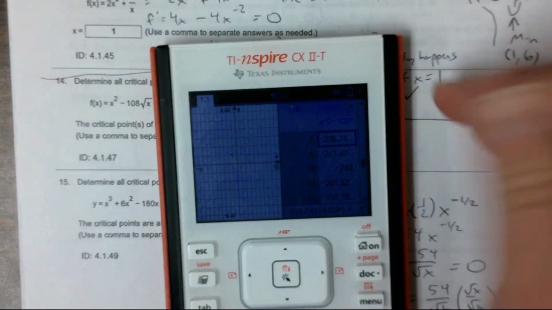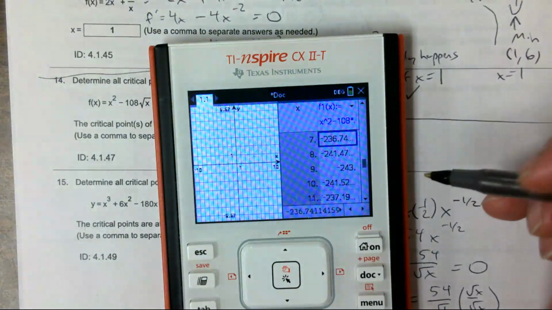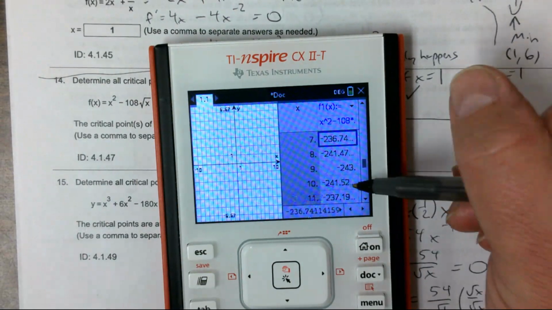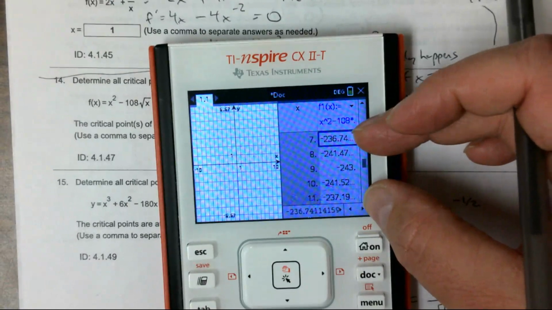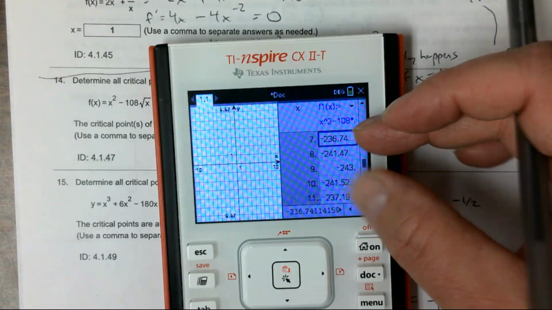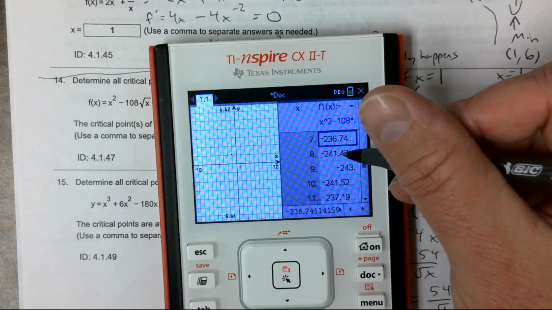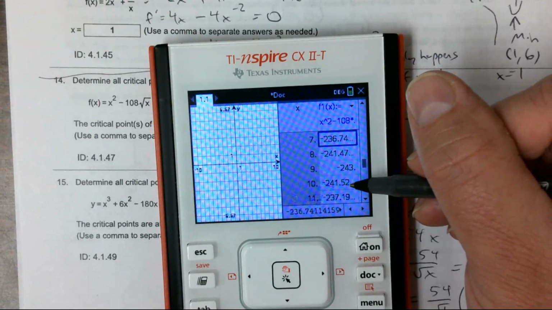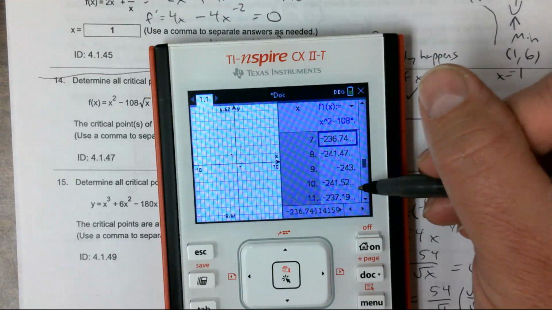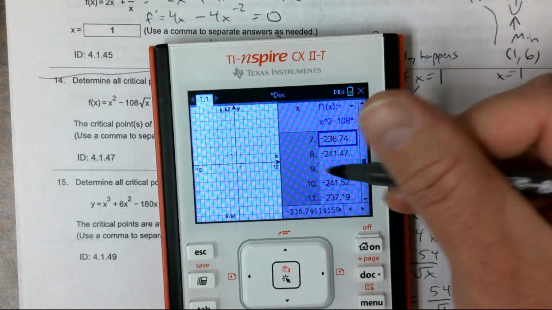So just base it on your y values being symmetrical. It's not completely symmetrical, but it's pretty close, right? Because this is negative 241.47 and this is negative 241.52. So they're only like 0.05 apart. And so this is going to be the one.